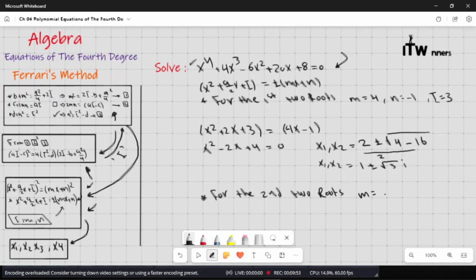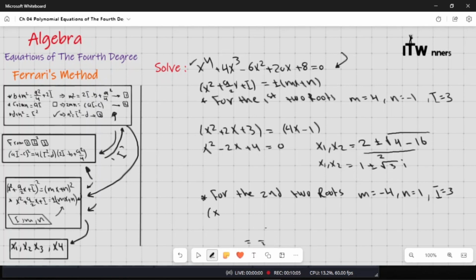Okay, and here for the second two roots, m equal to negative 4, n equal to 1, here I equal to 3. So we have here x squared plus 2x plus 3 equal to negative 4x plus 1.